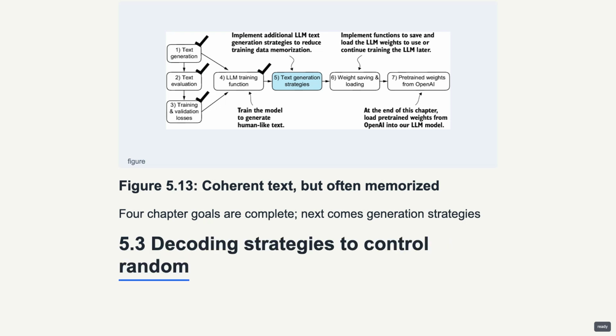Decoding controls how a model turns probabilities into words, and that choice changes both randomness and quality. The goal here is to move from plain greedy selection to methods that keep outputs varied without losing too much coherence.